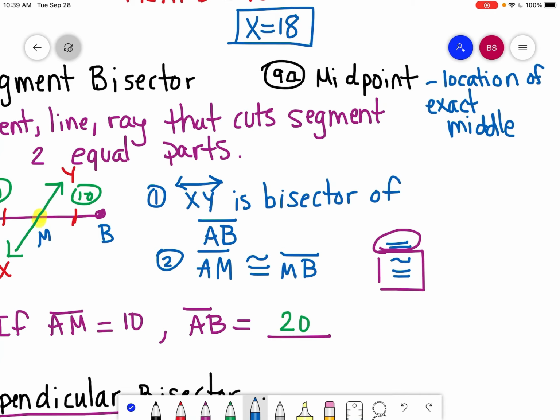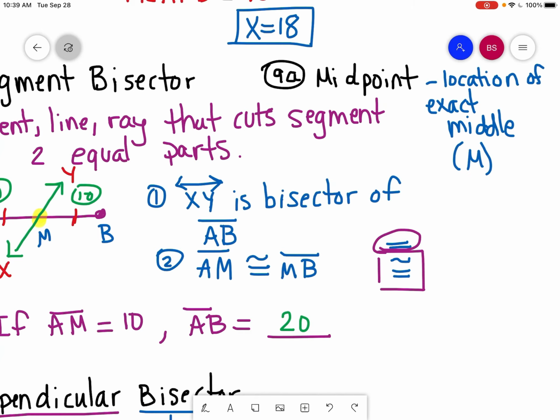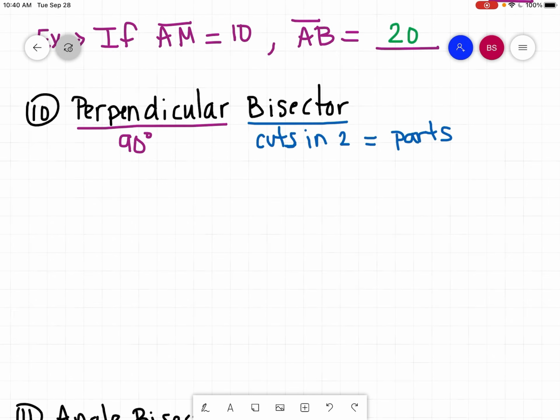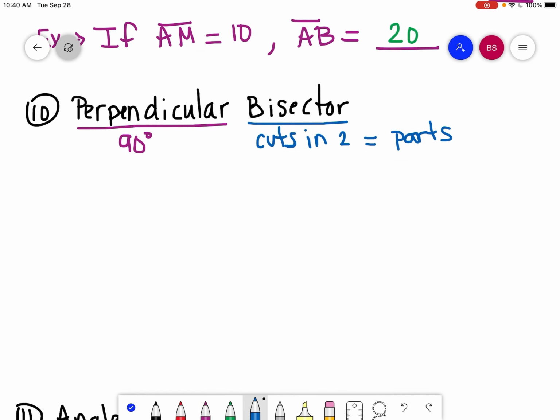So the location of the exact middle, that point that cuts it into 2 equal parts, is called the midpoint. And in this example, M was the midpoint. And often M stands for midpoint. So now when we have a perpendicular bisector, we're also going to have a midpoint.